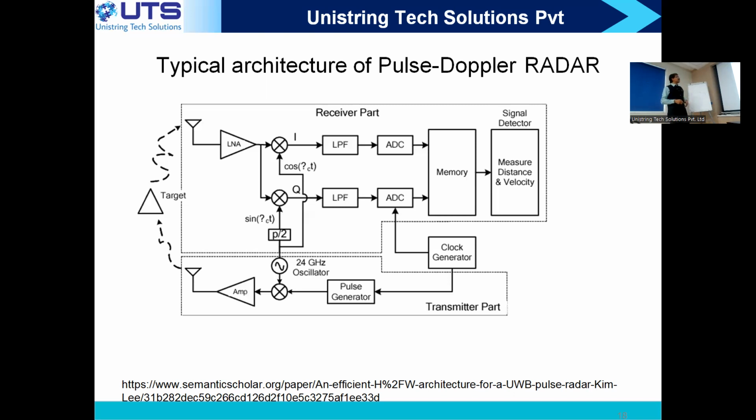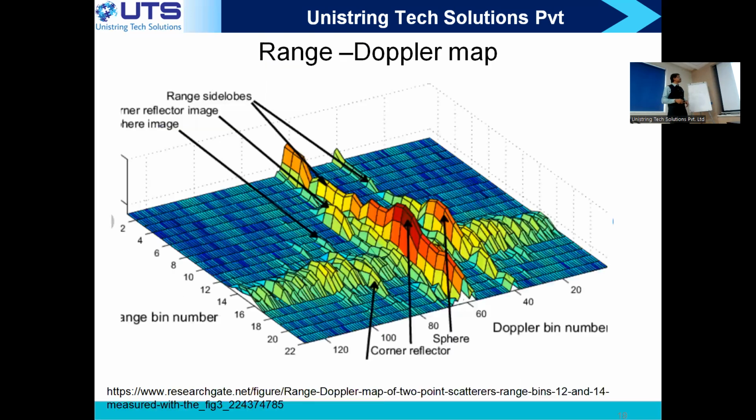Okay, can you go next? I'm directly jumping; I'm not getting into how you implement that. Hopefully the afternoon lab exercise will give you a deeper understanding. A pulse Doppler radar finally boils down to giving your final outcome in the form of a range Doppler map, called the RD map.